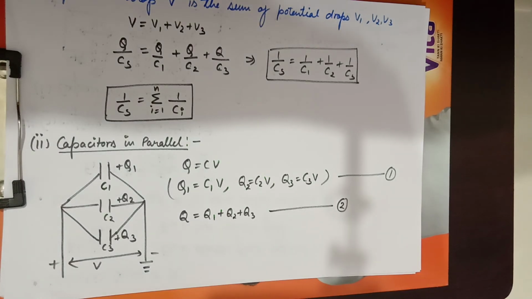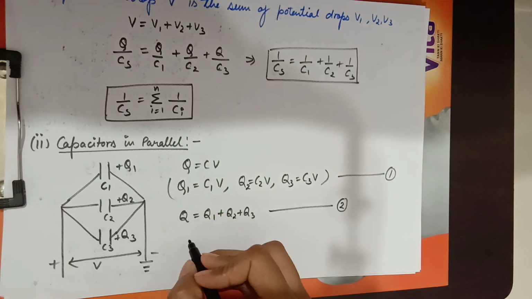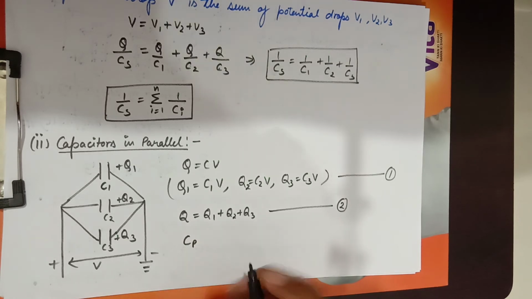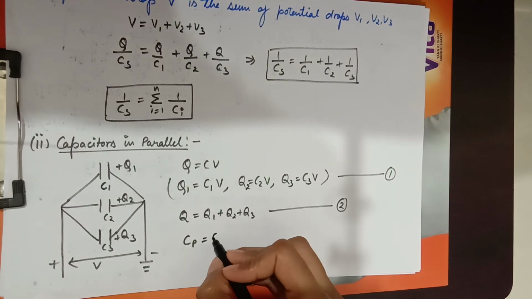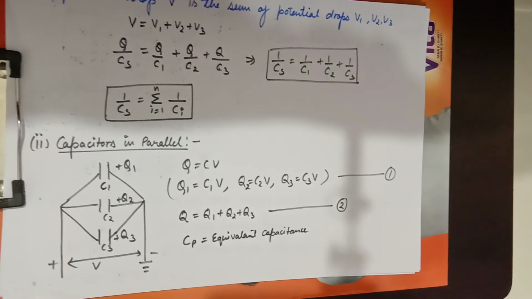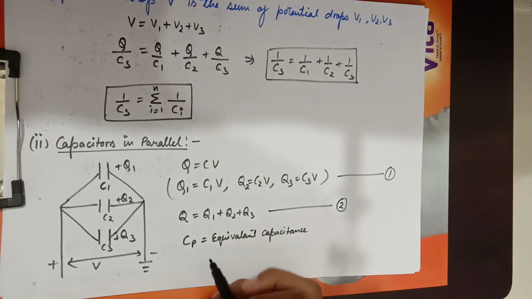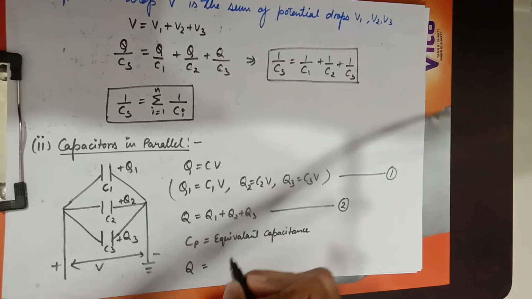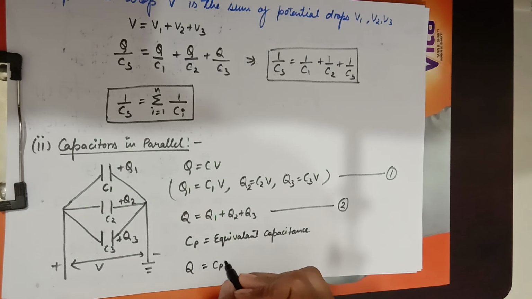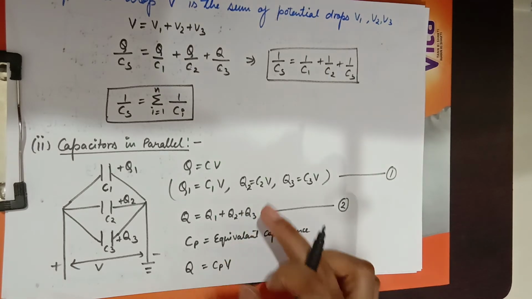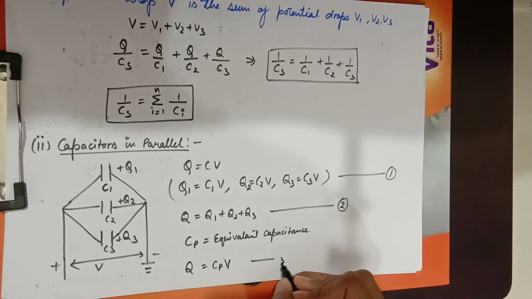Here we want to calculate the equivalent capacitance. So let Cp be the equivalent capacitance of the parallel combination. Then Q can be written as Cp into V, this will be equation number 3.